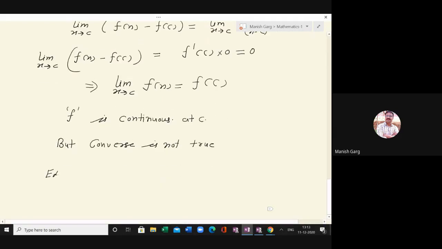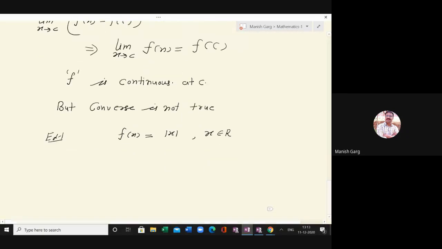You can see example 1. Suppose f(x) is equal to mod x. You can check at 0. Clearly, f is continuous. Now differentiability at 0, let us check.